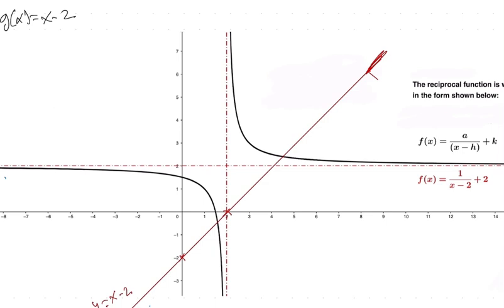But you can see my function f of x is this j(x) plus 2. So I will create another one, h of x is equal to j(x) plus 2. Which means h of x is x minus 2 plus 2, which is x.